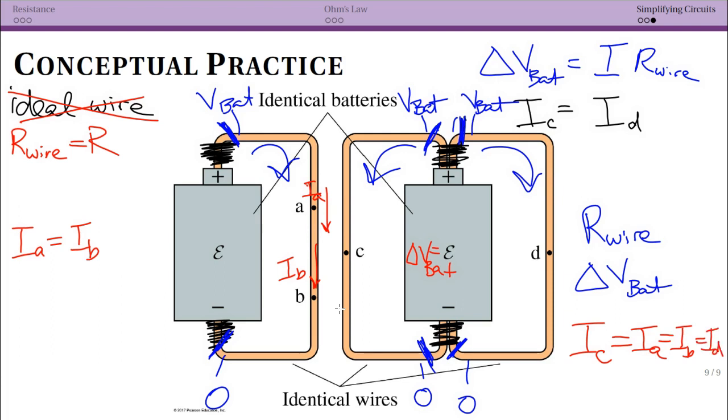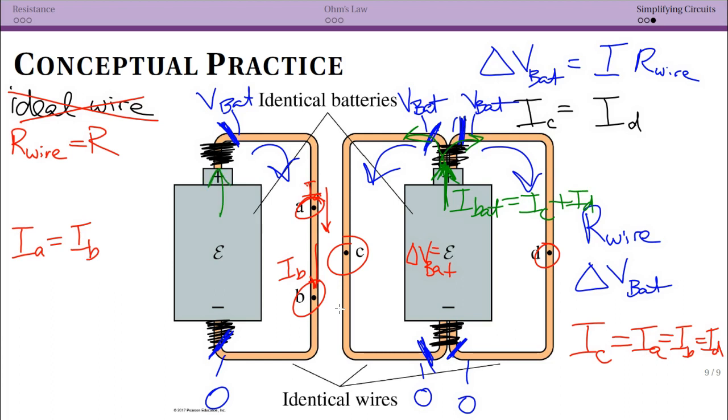The one thing that you should note is that we are not saying that the current out of the battery is the same. We were asking, what are the current through these 4 points? What is the current out of the battery? Well, remember the junction rule, that in this case, the current out of the battery is equal to IC plus ID, because it gets here and then splits.